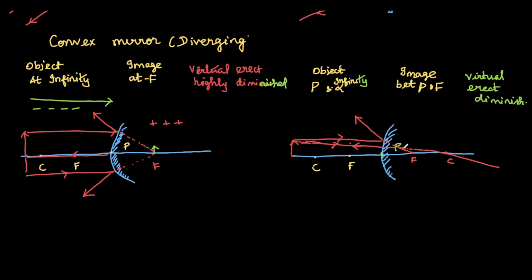The two light rays intersect at one point. There will be formation of image at the point of intersection. So we will get a virtual, erect, diminished image between P and F. Between P and F, we get the image. The nature of the image will be virtual, erect, and diminished.